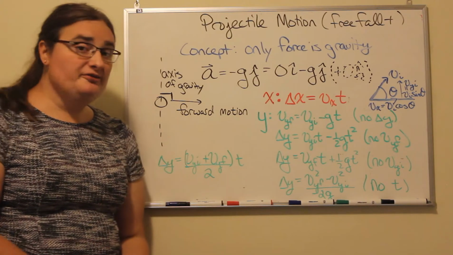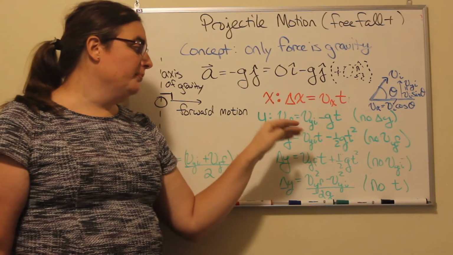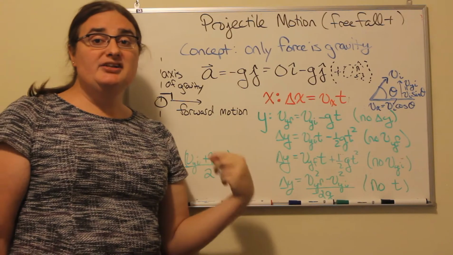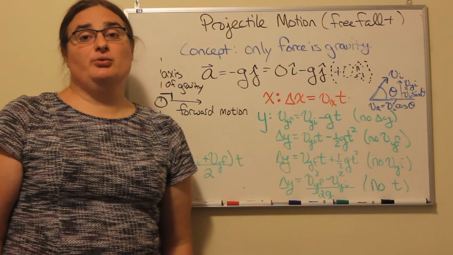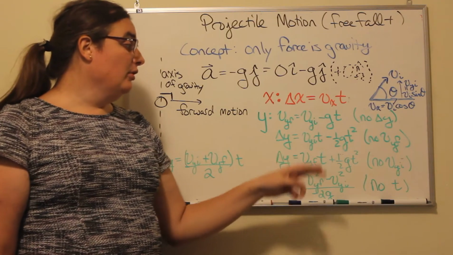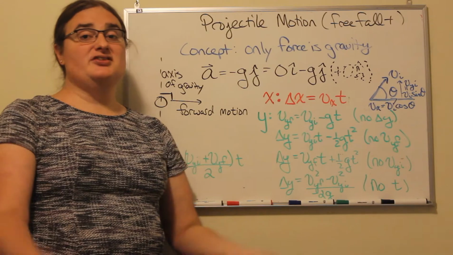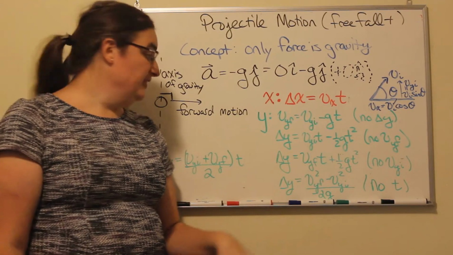Now, if we don't know our final velocity in the y direction, our displacement in the y direction will be our initial velocity in the y direction times time minus 1/2 times the strength of gravity times time squared. If we don't know our initial velocity, though, we'd start at the end and then undo the change due to gravity.